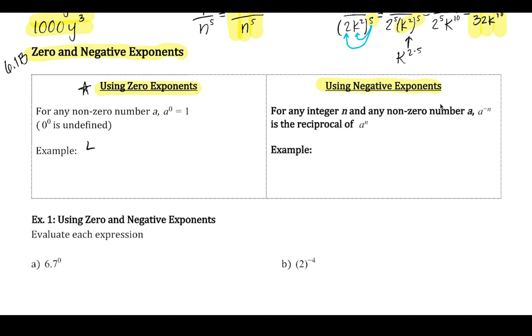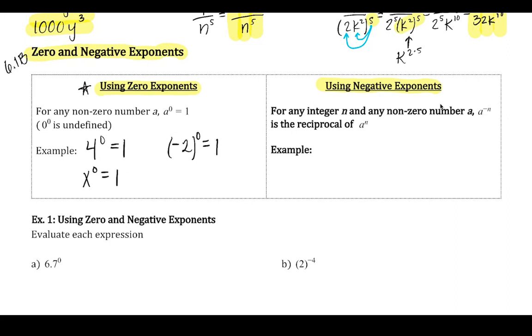Like 4 to the 0 power is equal to 1. Negative 2 to the 0 power is equal to 1. X to the 0 power is equal to 1.